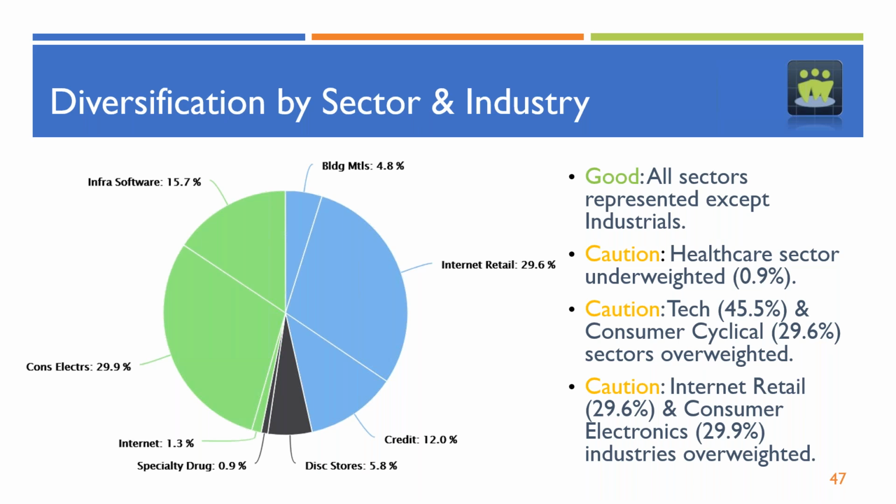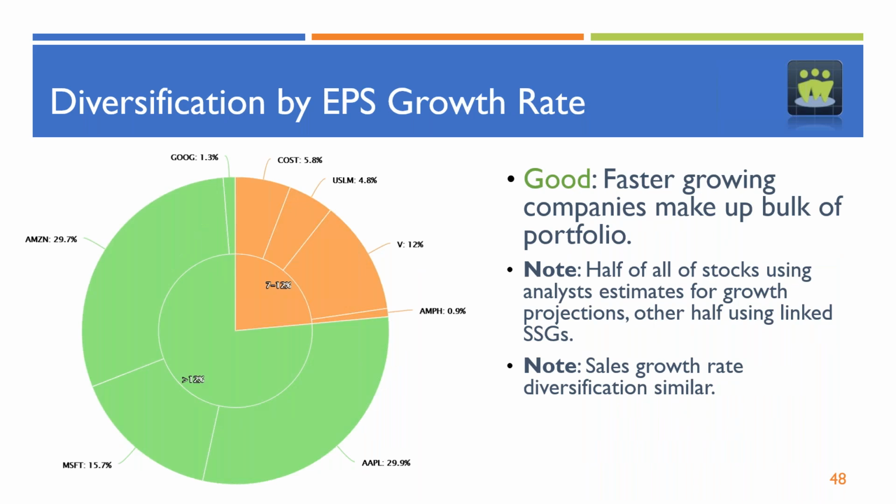Tech and consumer cyclical are overweighted, and internet retail industry and consumer electronics are also overweighted. And those are just because of the two companies that make up the bulk of the portfolio. By growth, yeah, the faster growing companies make up the bulk of the portfolio. That green, those are companies with projected growth rates of greater than 12% for earnings. About half of this club's stocks are using linked SSGs, so they're using the members' growth projections as opposed to analyst estimates.